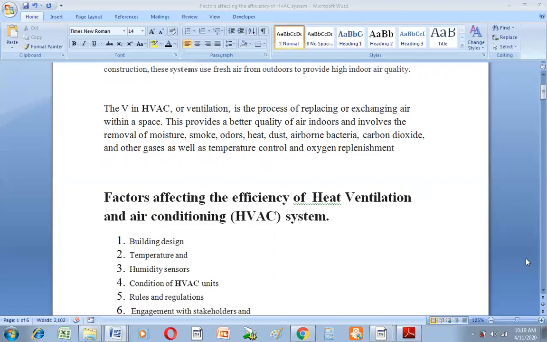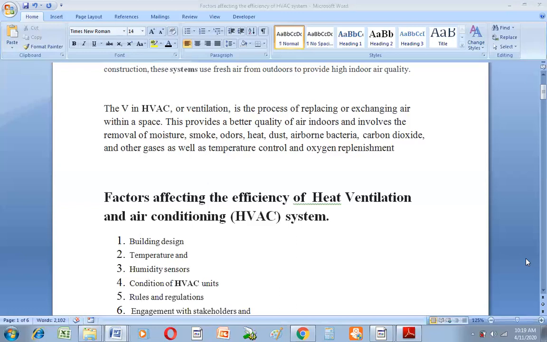So the first factor is the building design. Just imagine our classroom: there are large windows, and the air can come in easily. But in an HVAC system, we are closing the complete room. So building design means how the building is designed. For example, there should be good provision for ventilation of air.